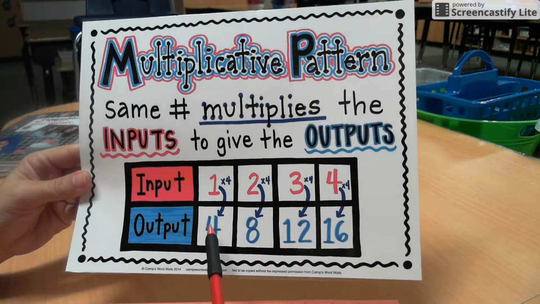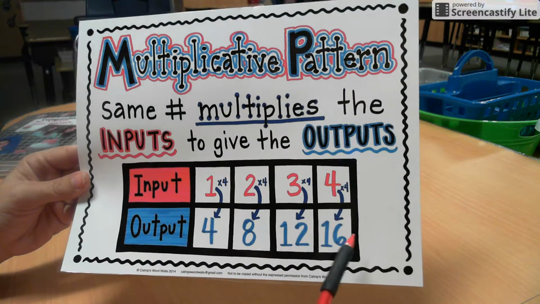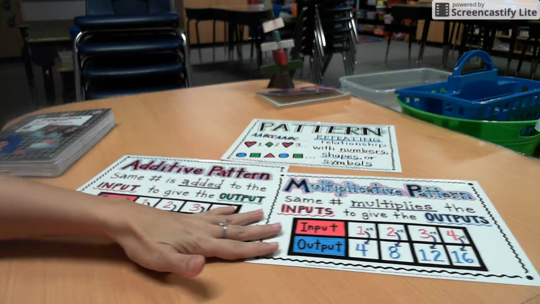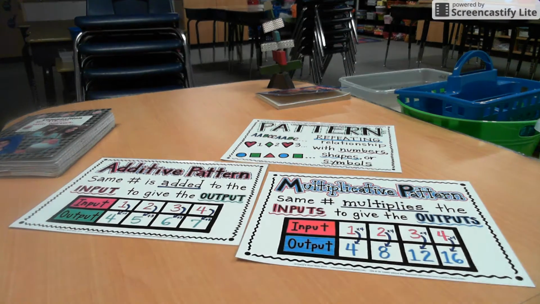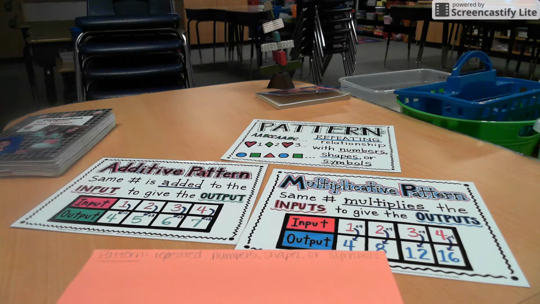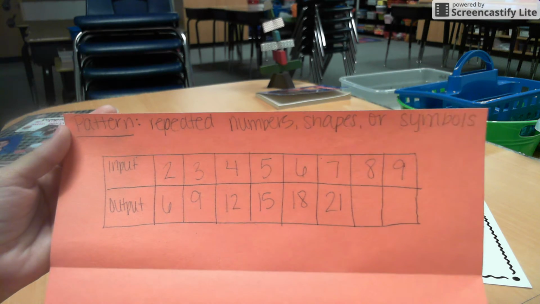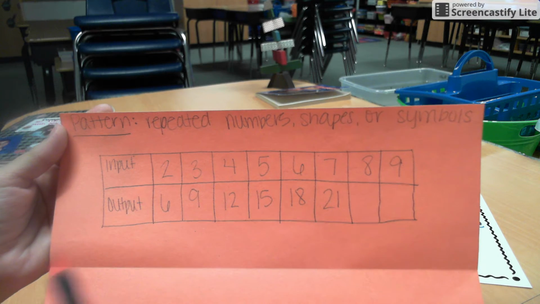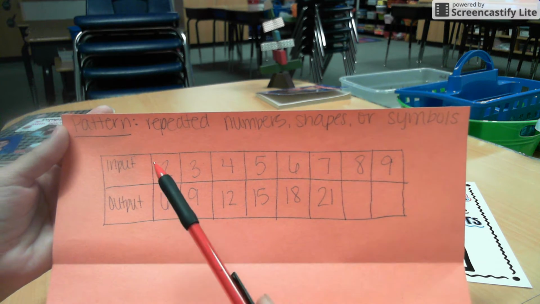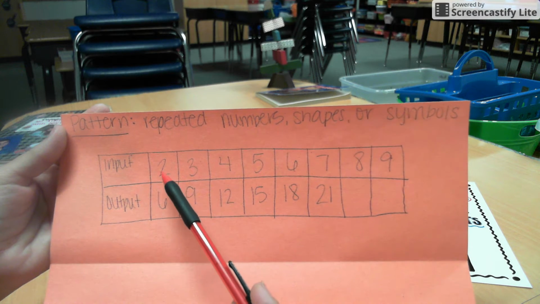And then I have a pattern in my multiples down here, 4, 8, 12, 16. So those are different types of patterns that we will see. Go ahead and get your flip chart, and we're going to do an example of one. I want you to copy down this input-output table. So pause it if you need to and copy it down.